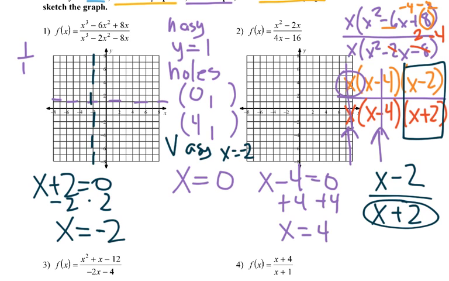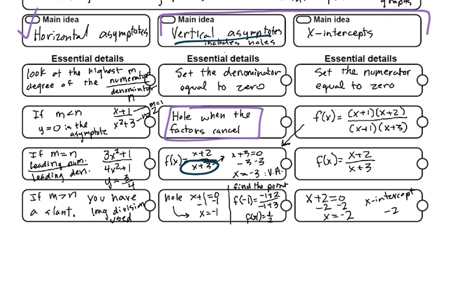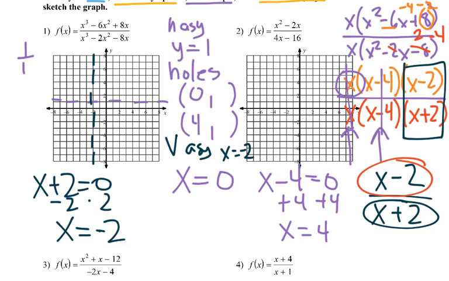Now, to find the x-intercept, you take the numerator once it's been simplified, set that equal to 0, and that's where your x-intercept is. So x minus 2 equals 0 gives x equals positive 2, so I have an x-intercept at (2, 0).